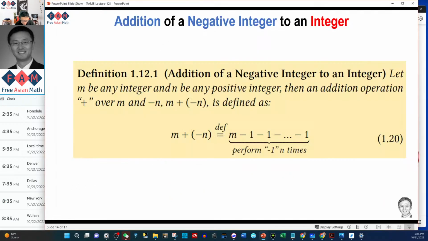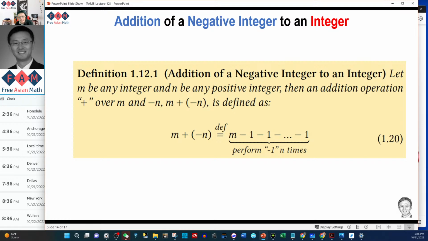So this is really what we want if we want to continue this. Therefore, when we add a negative integer, negative n, to an existing integer m, we just want to do n times of the decrement, capital D, because only that makes sense, well defined.